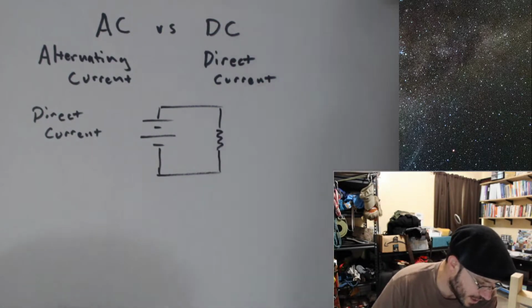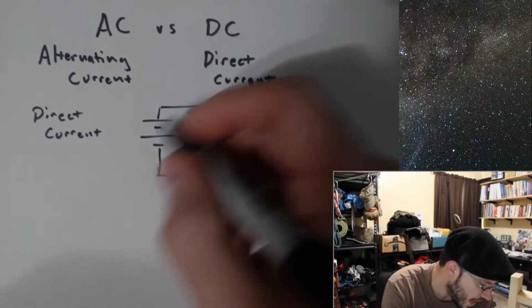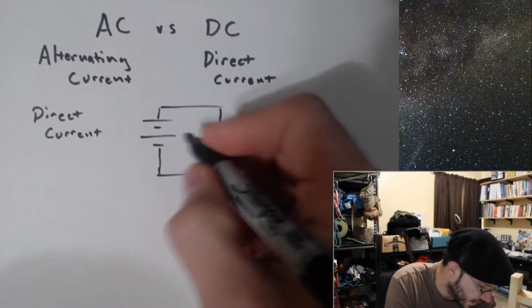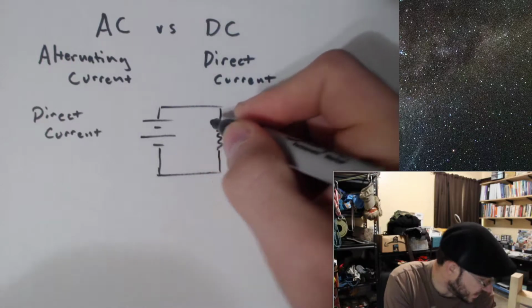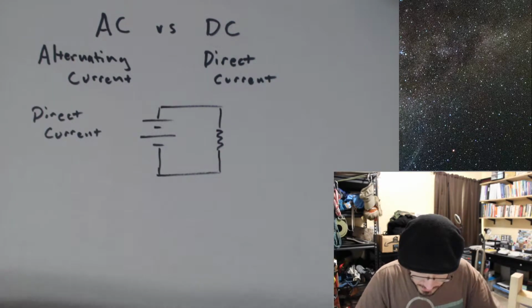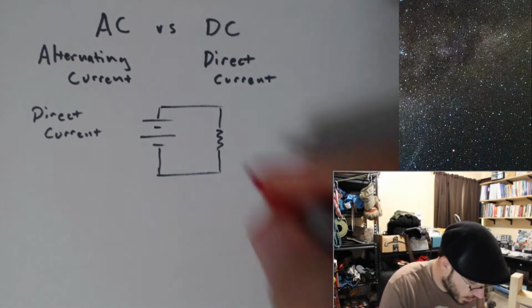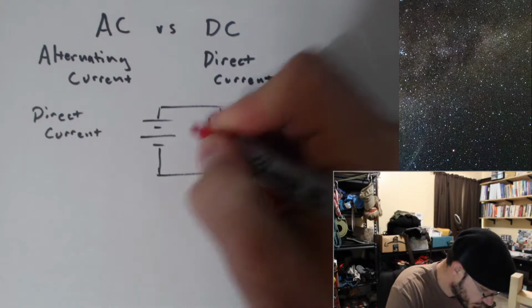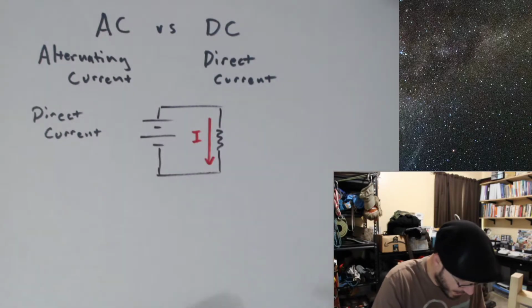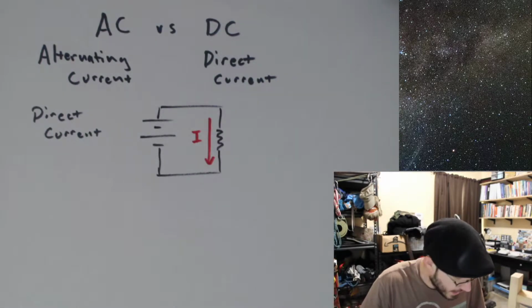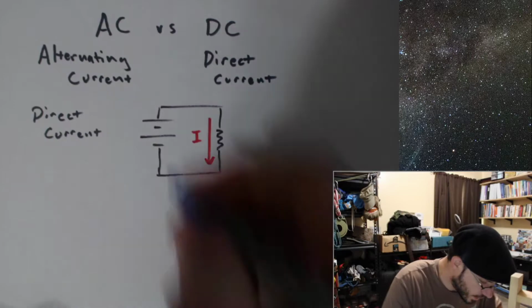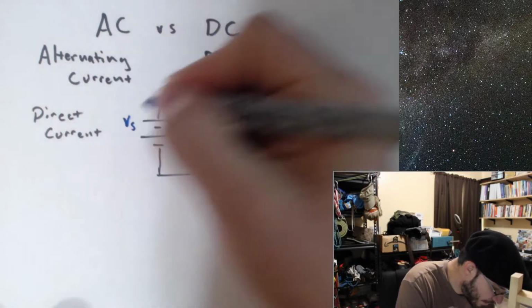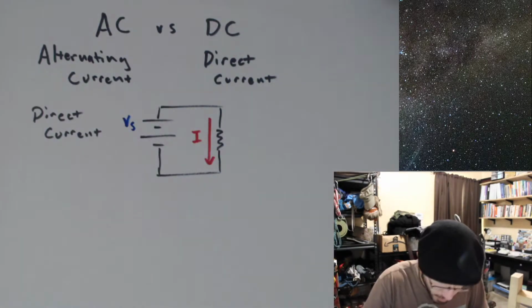In this case, we're just going to have a resistor over here. And so we know that we're going to just get a constant current running through this with some value I dictated by the voltage source divided by the resistance in accordance with Ohm's law.